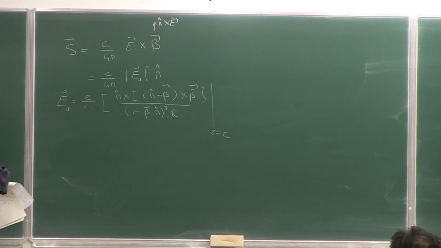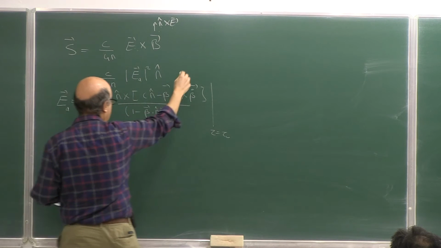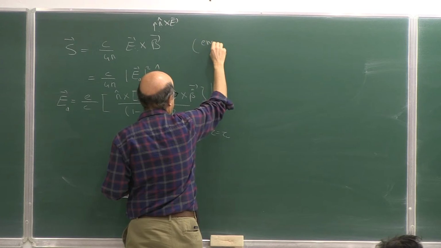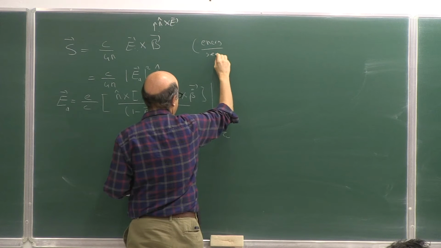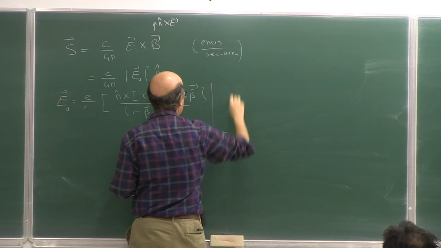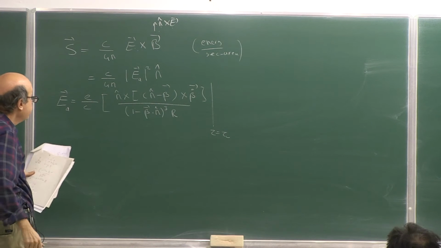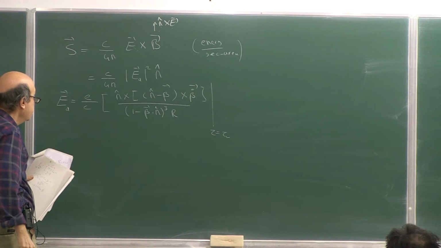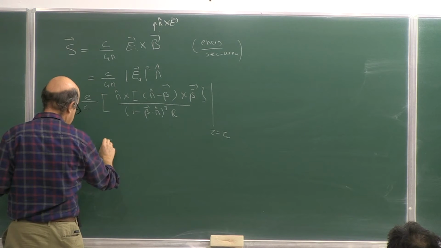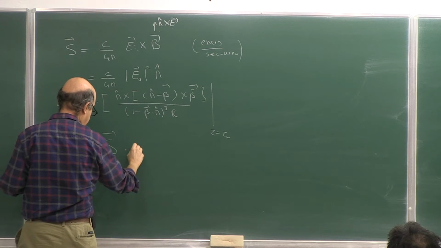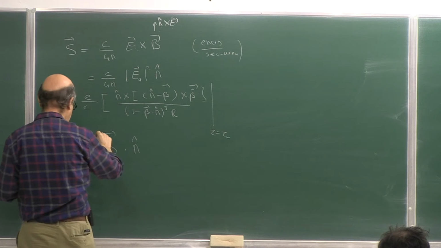So if you want to write the total emitted energy per area, what is the unit? Energy per second per area. So if you are interested in energy emitted per area, all you have to do is S dot n, all of them evaluated at retarded time.